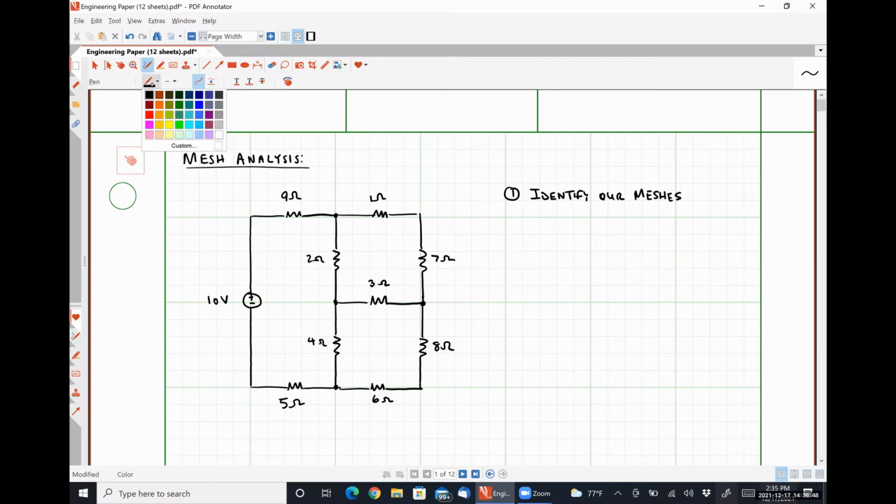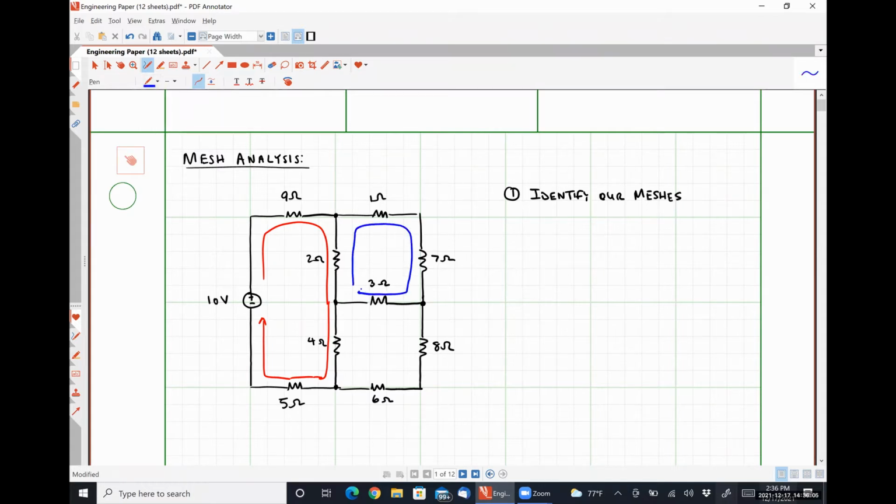So in this case, we would have this mesh that I'm outlining in red. Let's do this guy here in blue. And let's have this guy here in orange. So these are our meshes.